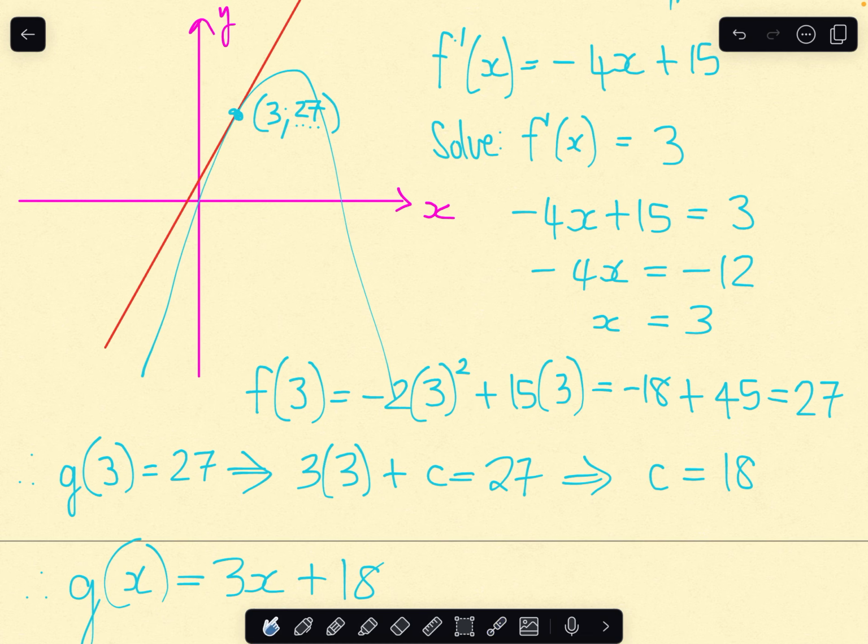Okay, let's see if the memo agrees. So this is question 8a. Yes, we are in agreement.